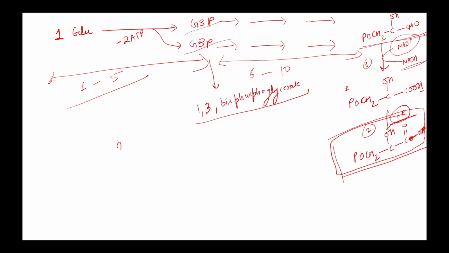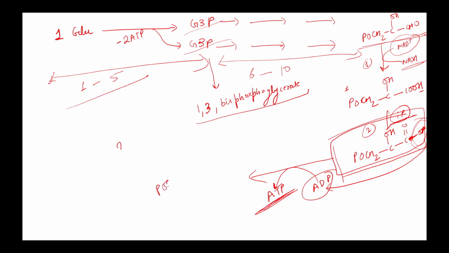So now this particular phosphate is a very high energy phosphate, and this gives rise to the production of ATP. So ADP takes the phosphate group of this particular high energy bond from here, and it converts into ATP. Okay, and thus we get left with this structure.